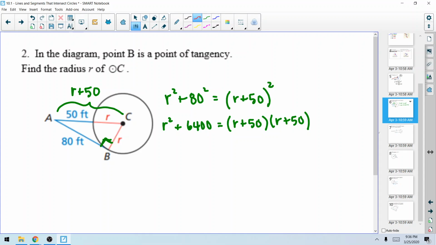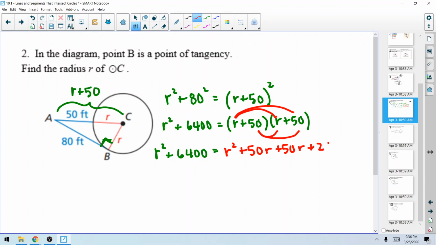Okay, so I'm going to leave the r squared plus 6,400 equals firsts r squared, outers plus 50r, inners plus 50r, lasts plus 2,500. Then we're going to combine like terms, which is going to give us 100r. Then we're going to drop down our 2,500 and our r squared equals, leave this side alone.